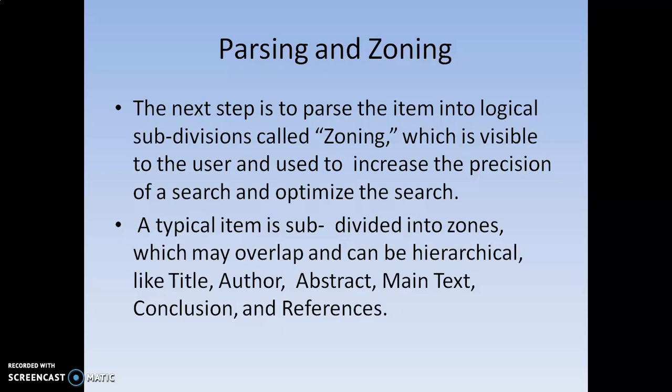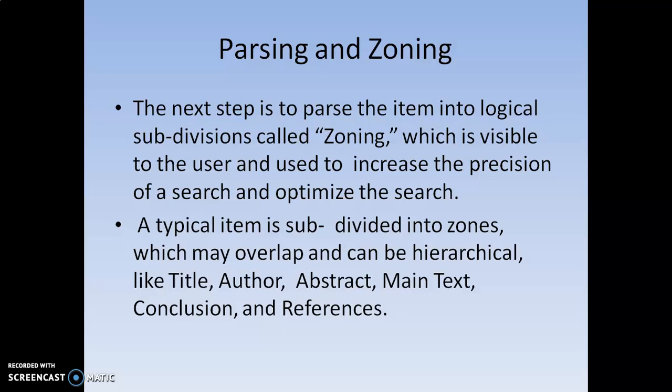Here in parsing and zoning, the entire document is divided into logical structures. This feature is called zoning. This is done to improve the precision, the quality of the searching of the document, and the optimization of the search. Like that, parsing and zoning can be helpful in searching for an item in a document.